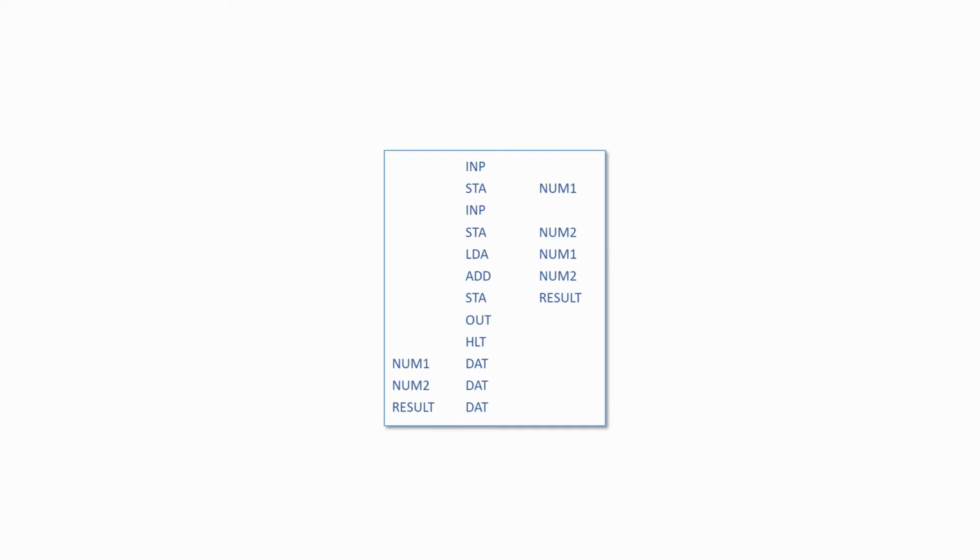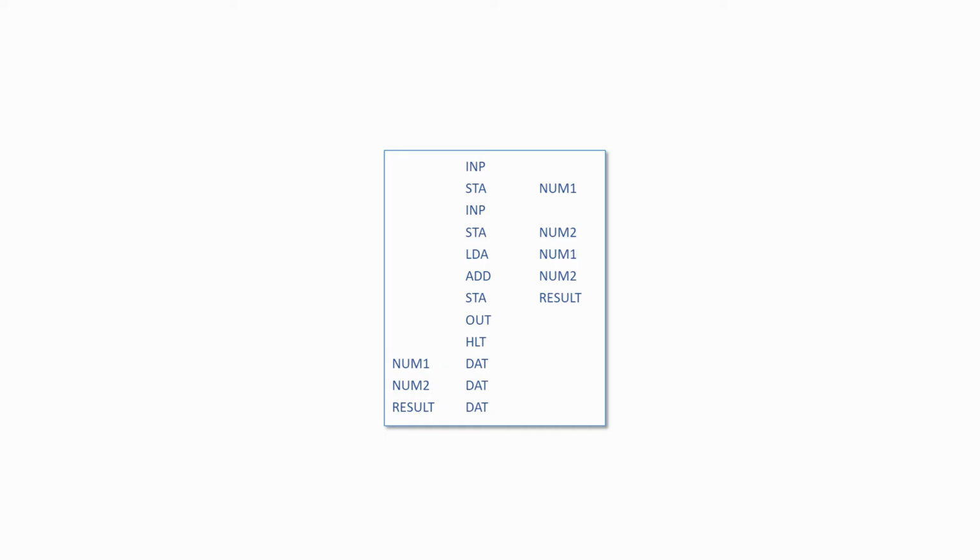The store command says take a copy of whatever's in the accumulator and write it into memory at the specified location. When the second input command here executes, whatever the user inputs goes into the accumulator, overwriting what was already there. In this program, the second number input is then copied from the accumulator into a location called num2.